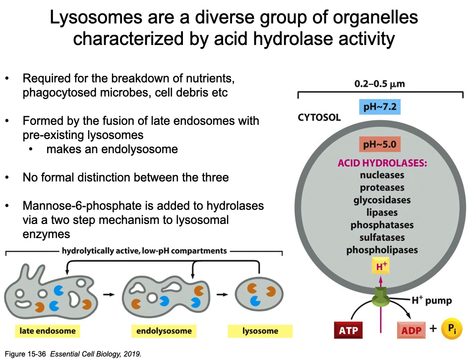We can have late endosomes, endolysosomes, and lysosomes, and they fall into the lysosome category. There are slight differences between them and their quote-unquote maturity. But the characteristic of lysosomes is that they are able to break down nutrients.